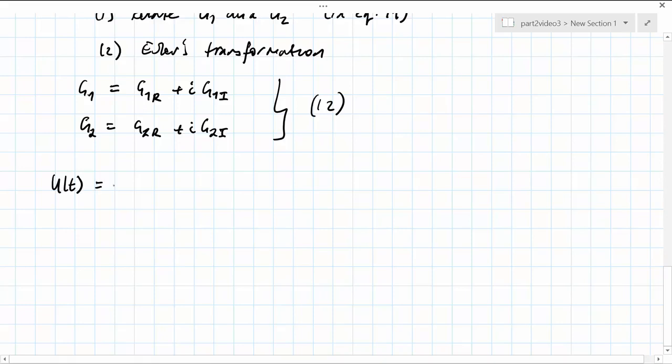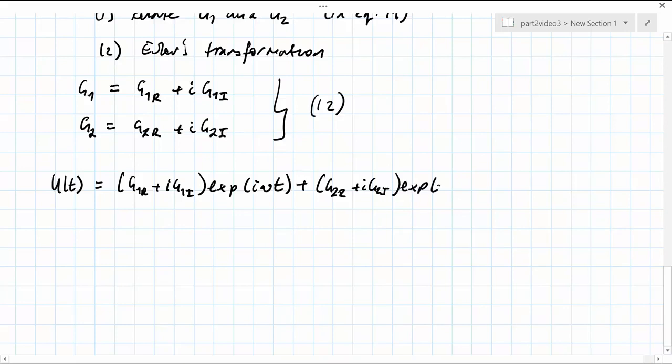u(t) is equal to G1r plus i times G1i times the exponential function i omega t plus G2r plus i times G2i times the exponential function minus i omega t.